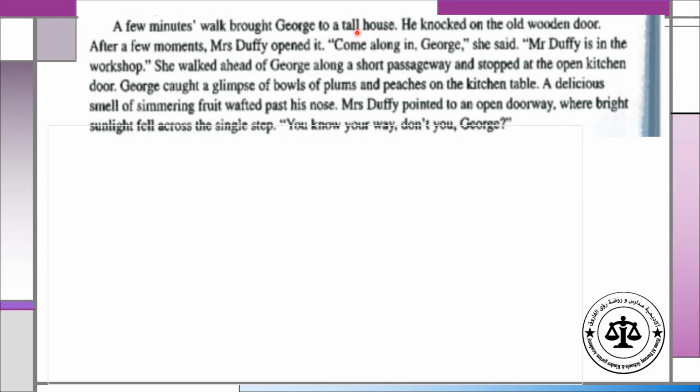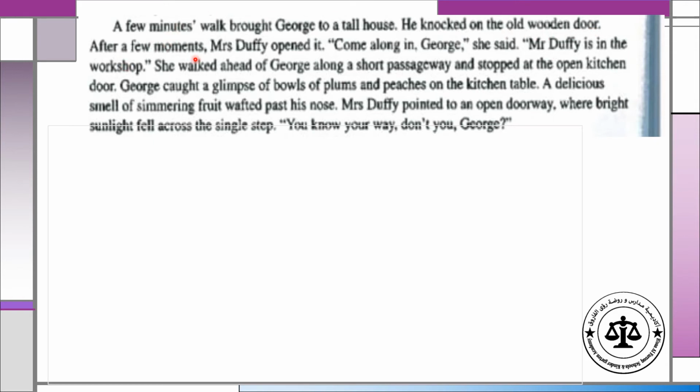We said in this story we have lots of descriptions that describe things, places or characters. So here we have the adjective that describes the house. He knocked on the old wooden door. He refers to George. George knocked, طرق, on the old wooden door. Also here we have the adjectives that describe the door. إذن George طرق باب خشبي قديم.